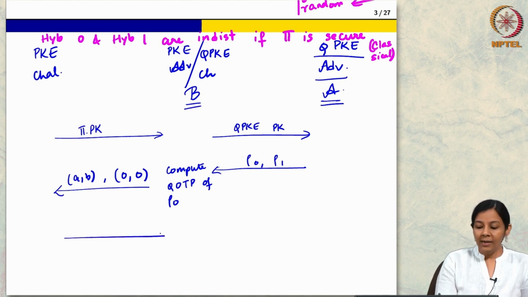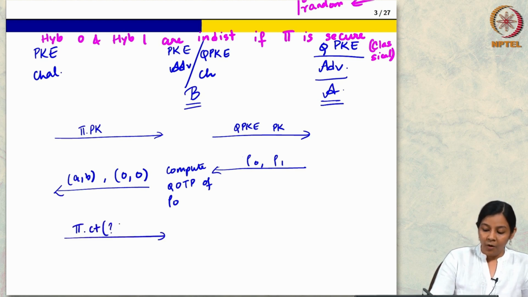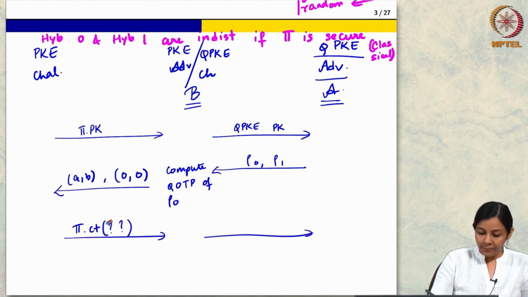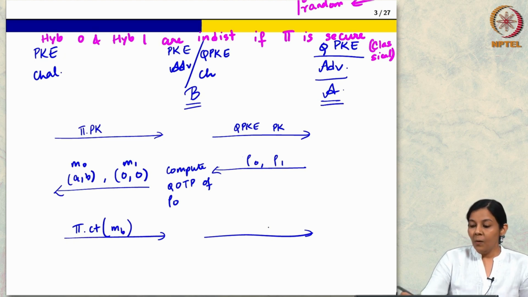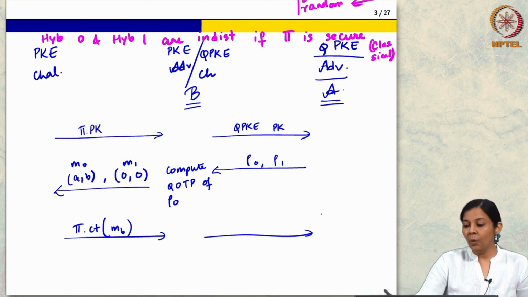So, now I will get a pi dot CT of one of the two, either AB or 0 0. Let me give this some name. Let us call this M0, let us call this M1. So, I am getting a pi dot CT of MB, and now the reduction B needs to return the QOTP to the QPKE adversary.